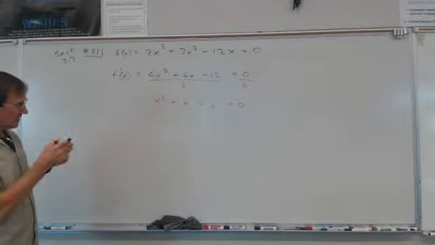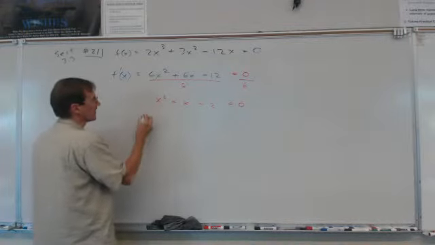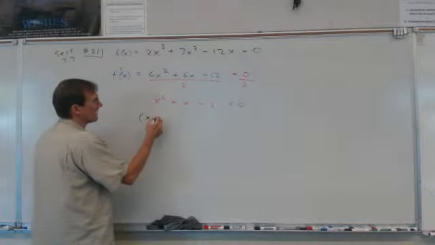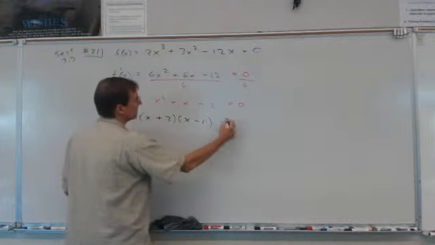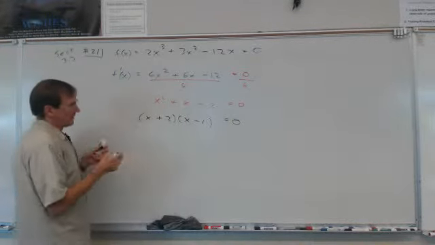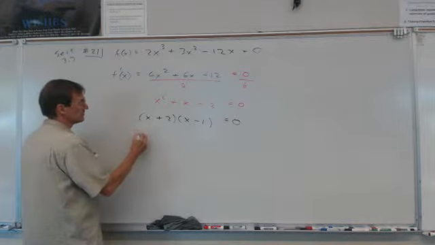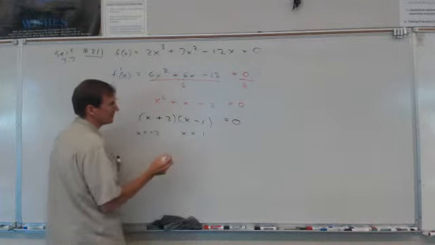That's pretty easy to factor. That tells us where the critical points are, where the slope of the tangent line is 0. So this will be x plus 2 and x minus 1. So critical points are going to occur where x equals negative 2 or x equals positive 1.